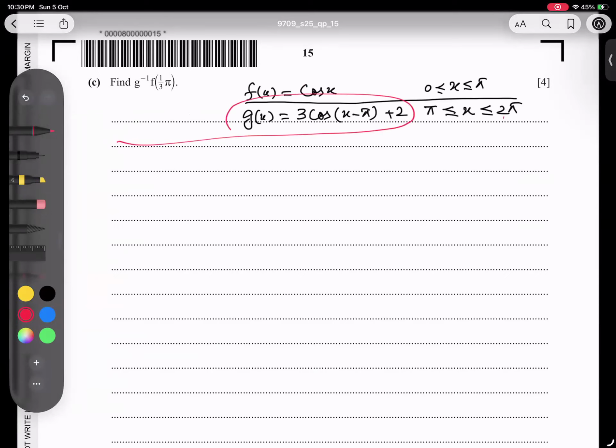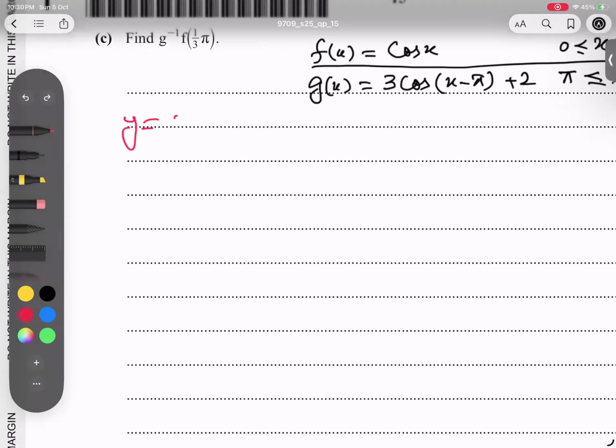So the g function is this. What is the way of writing? I remove the function name and write y: y equals 3 cos(x minus pi) plus 2. Now I'll try to make x the subject. The 2 will go over there and the 3 will divide. I can say (y minus 2) over 3 equals cos(x minus pi). Now I'll take cos inverse on both sides.